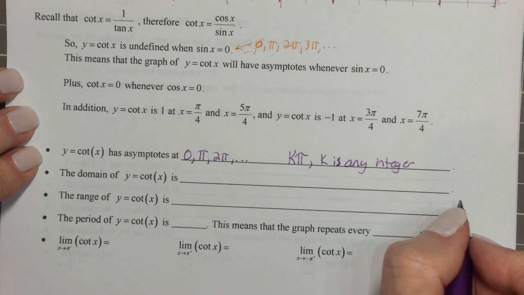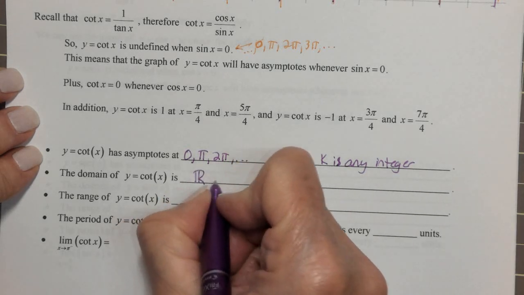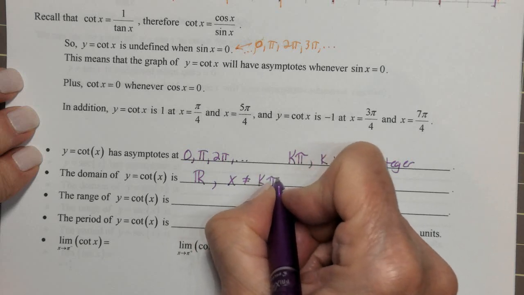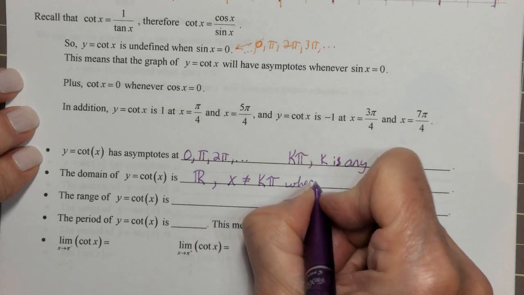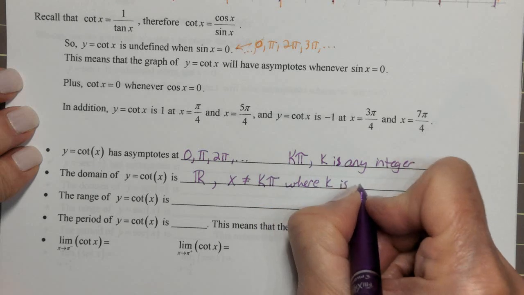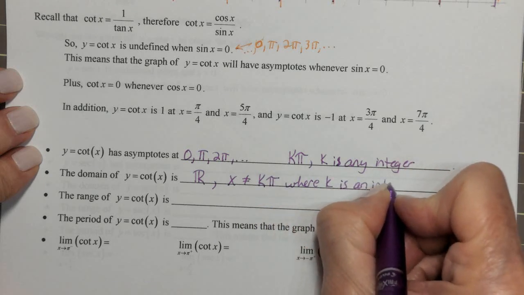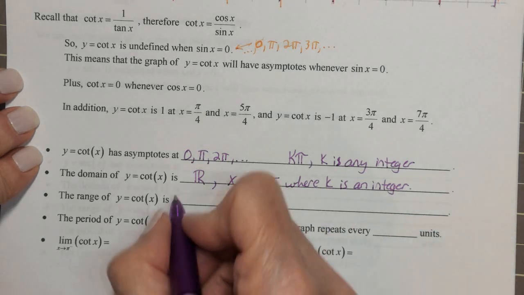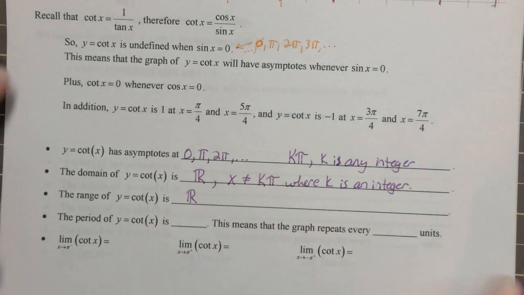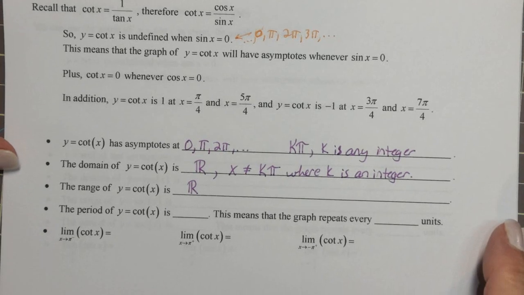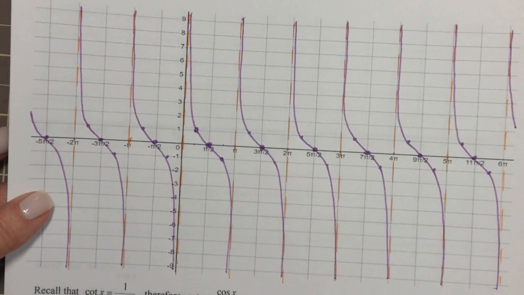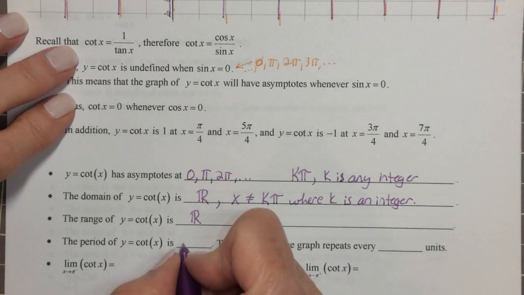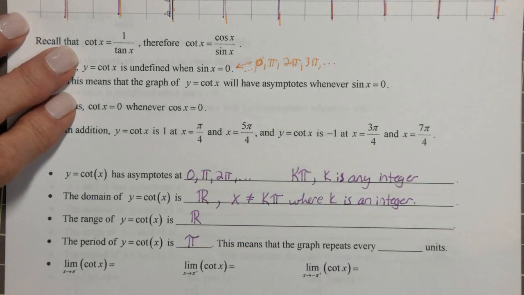The domain then is all real numbers except those. Okay, what is the range? All real numbers. All of the y values are covered. The period, how often does it repeat itself? Every pi units. So the period of tangent and cotangent is pi.